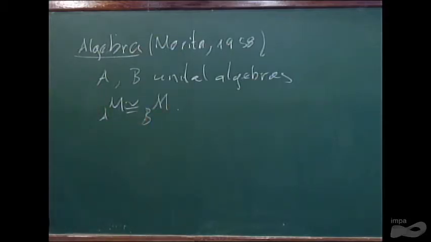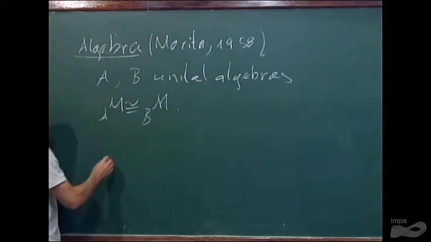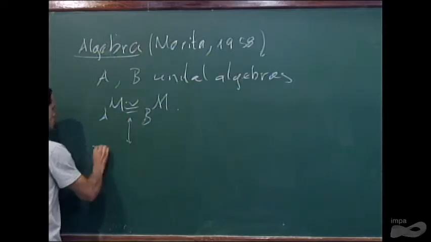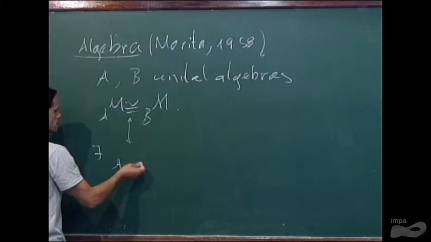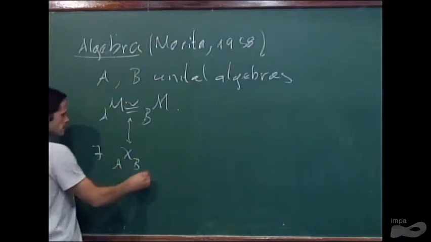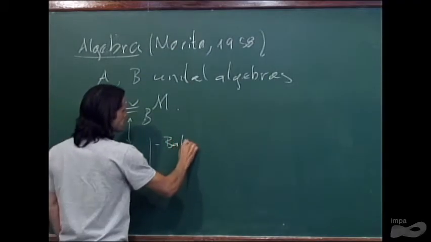And don't worry if any of you is not familiar with this notion here. One important thing about Morita's work is that he showed that this notion is equivalent to the existence of a certain type of bimodule over the algebras A and B, which establishes the equivalence. These bimodules have to be something called balanced.